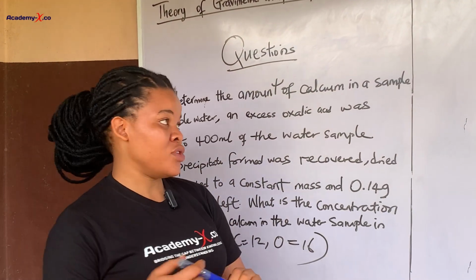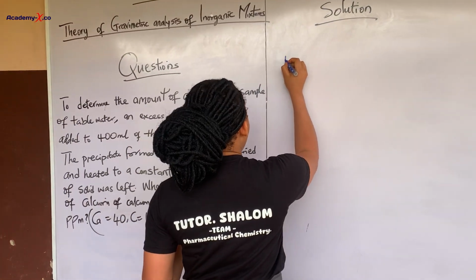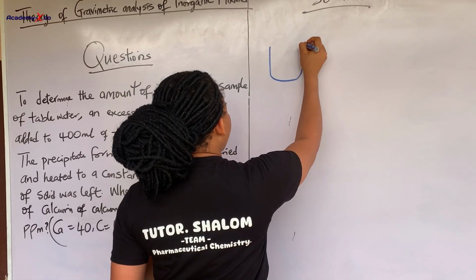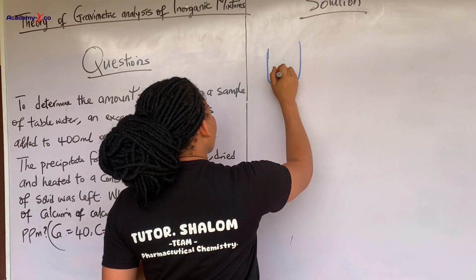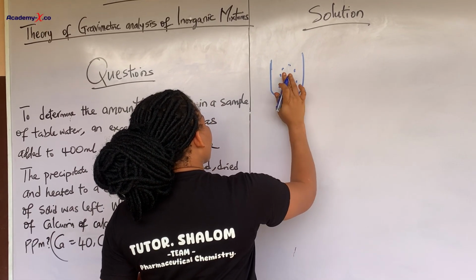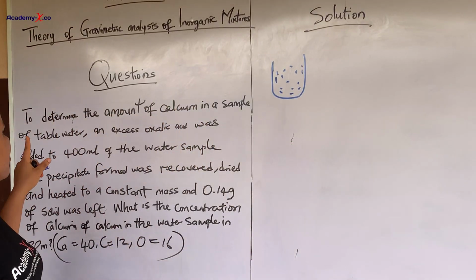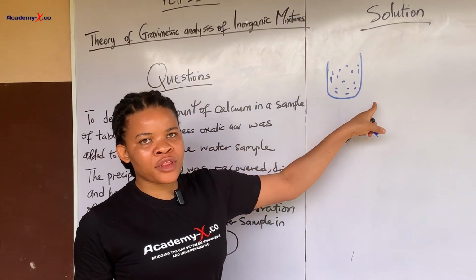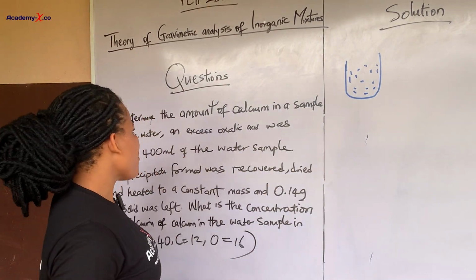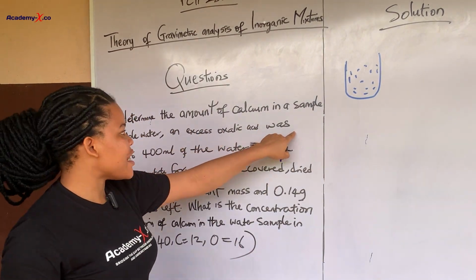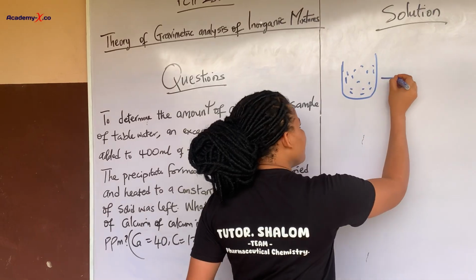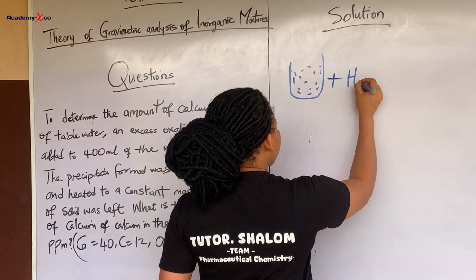So let me just illustrate this. This is our table water. I want to know the calcium content of this table water. So for us to do that, an excess of oxalic acid. So this table water plus oxalic acid.